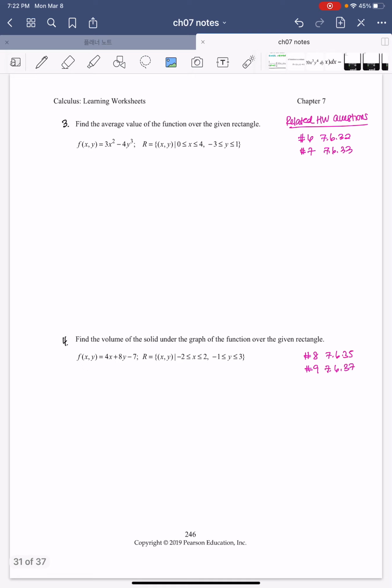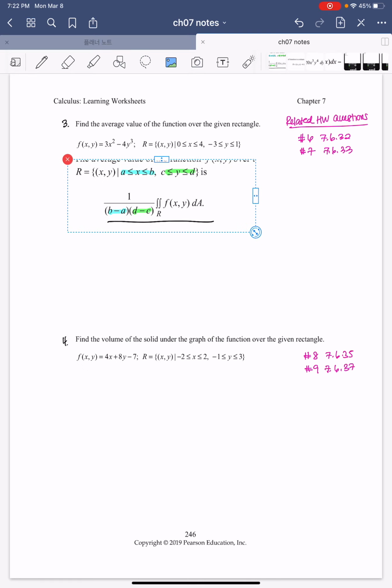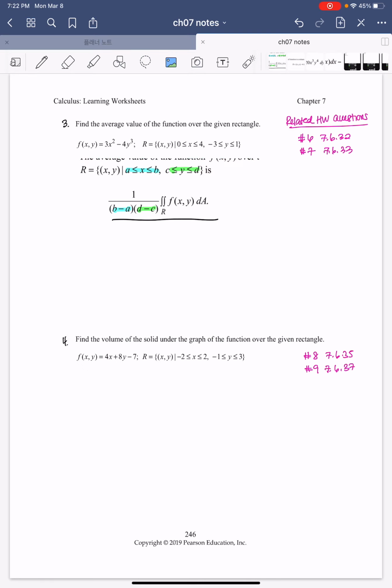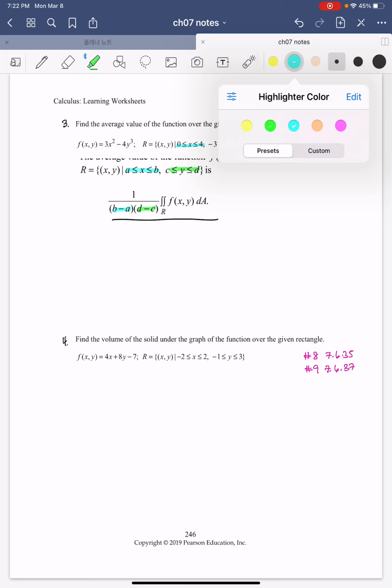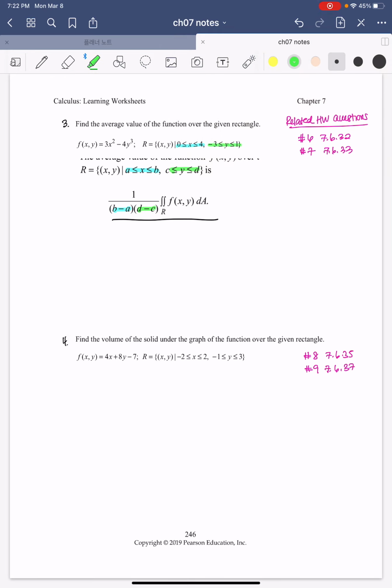Okay, let's paste it. Then I'm going to literally plug it into this equation. So here are my x values, 0 to 4, and then y values, negative 3 to 1. So let's plug it into the formula. 1 over 4 minus 0, and then d minus c will be 1 minus negative 3.